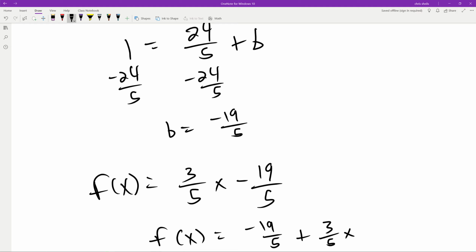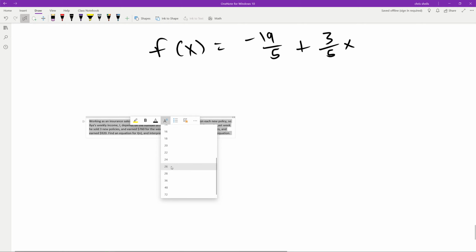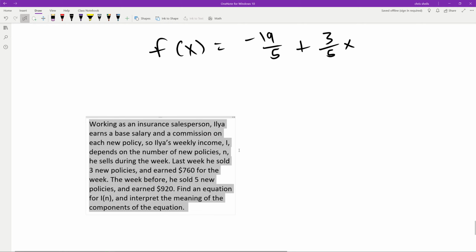This is the same thing. Same idea here. Let's try another one. This one is a word problem.